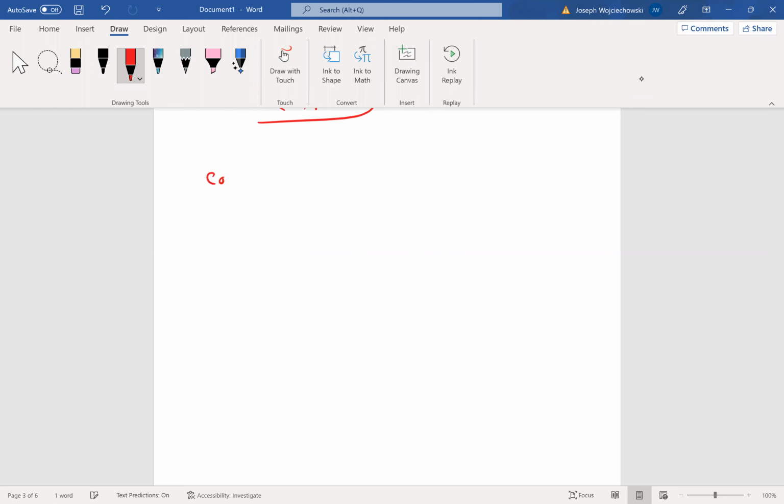So we have a cost function, which models the cost, C of X, to produce X items.